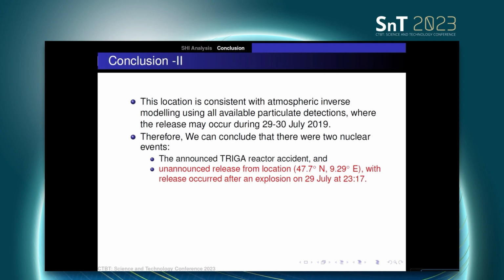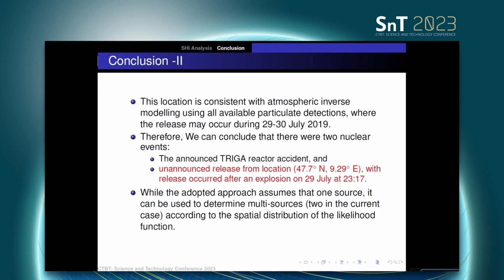We can interpret the concentrations at the IM stations as an announced Triga reactor accident and an unannounced nuclear test, which occurs on the 29th of July, about midnight.